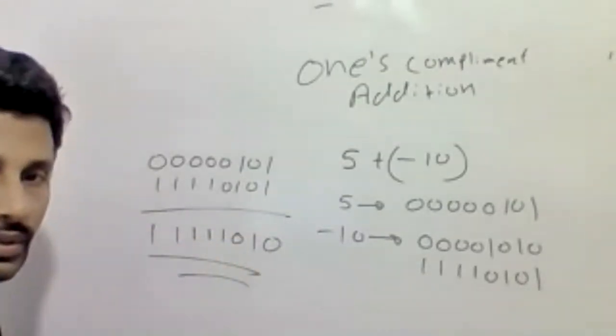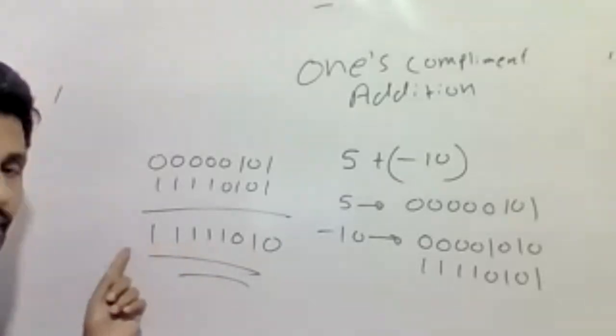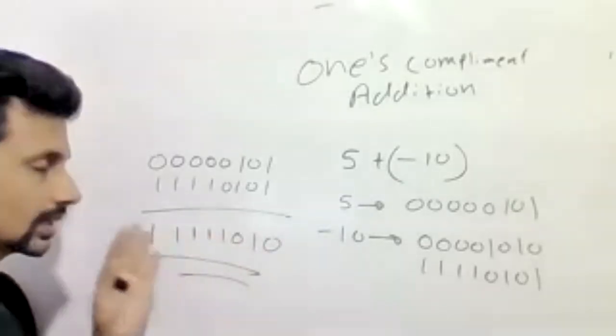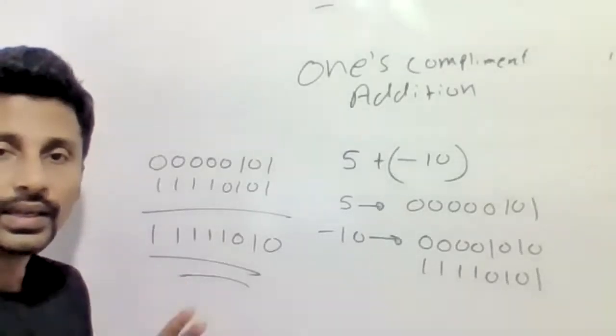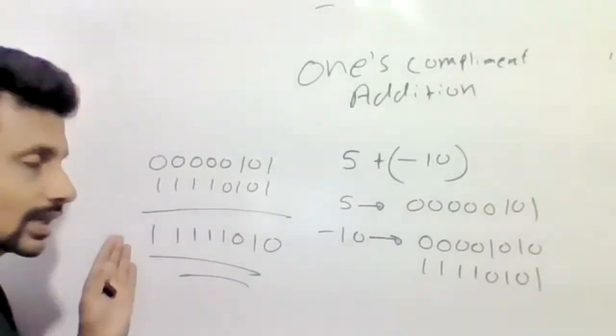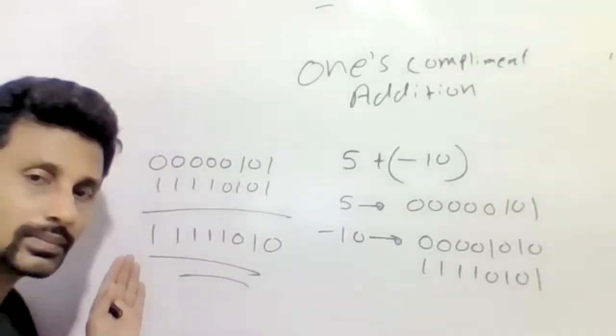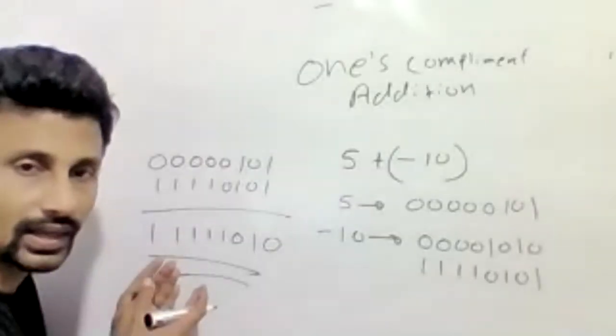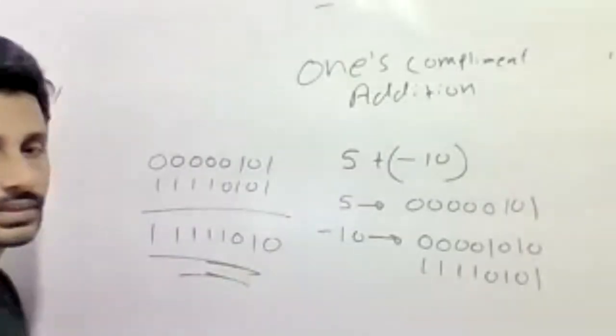This is your answer. Now here you don't get any 9 bit. The carry bit has not come here. There are 8 bits here. So you don't have to do anything, because only if you get a 9 bit do you take it to the LSB and add. That has not happened now. So this is your answer.